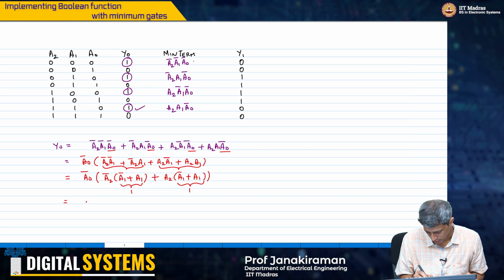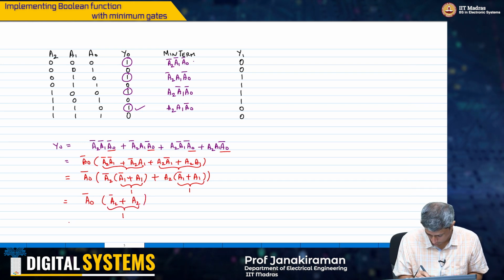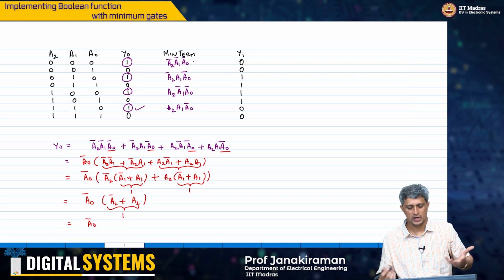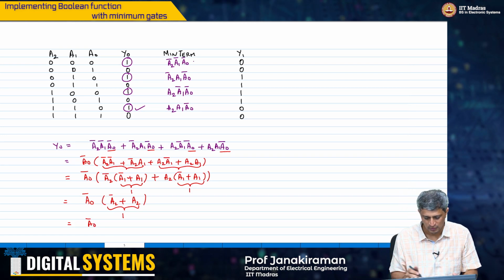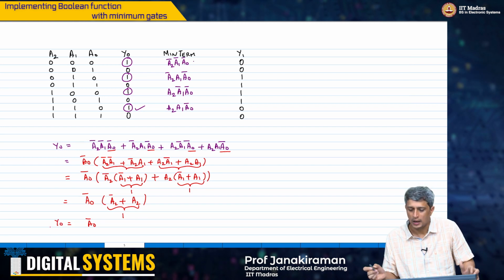Therefore this is equal to A0 bar into A2 bar plus A2. Now, this again we know is logic 1, and therefore this is A0 bar. So we started off with 4 minterms, sum of products and all that, and realized that Y0 is simply A0 bar.